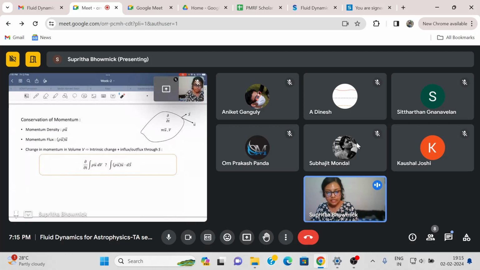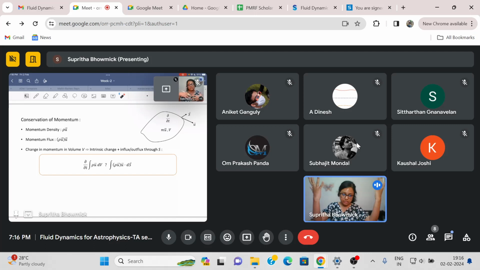All I'm saying is if there was no force being applied on all of these fluid parcels in the volume V, then this plus or minus this term would be zero. Now, if there's an outflux of fluid parcels, the sign of the outflux will be positive because the direction of the outward normal to the surface is positive.